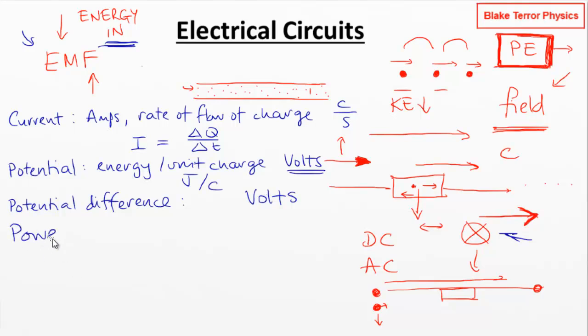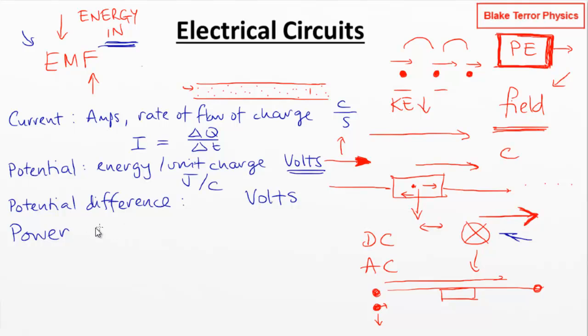We want to talk about power, our rate of transfer of energy. So usually we'll talk about the power of a particular component, whether it's the power of the energy coming in supplied by our power source, or whether it's the energy that's going out in a bulb. We talk about 60-watt light bulbs and things like that.